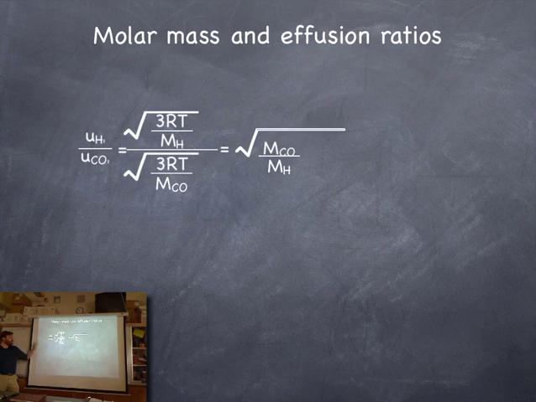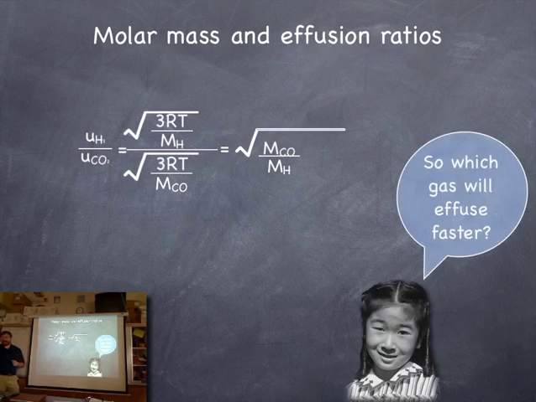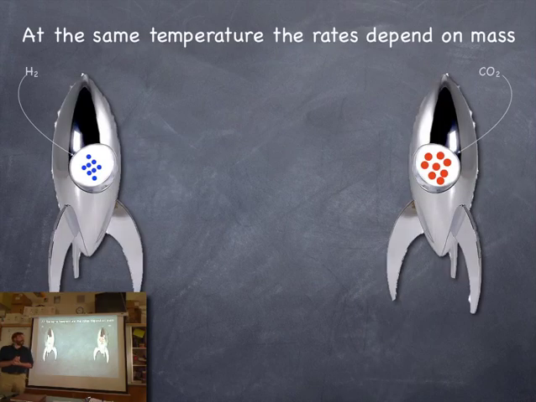Okay? So, which of these gases is going to effuse faster? At the same temperature, what kind of gases effuse faster, heavier or lighter? Lighter gases. Lighter gases are going to effuse faster, so we know it's going to be hydrogen. The question we want to answer is how much faster? What's the ratio? Again, we have our rockets, hydrogen and carbon dioxide.